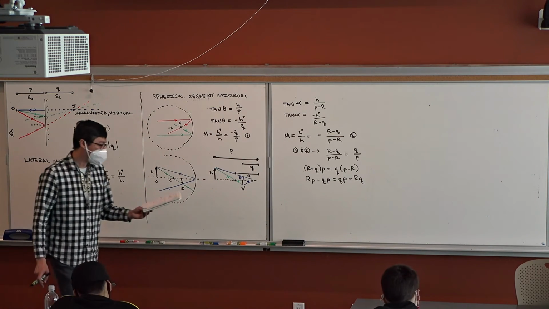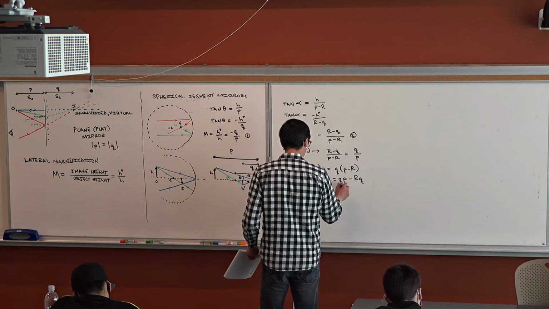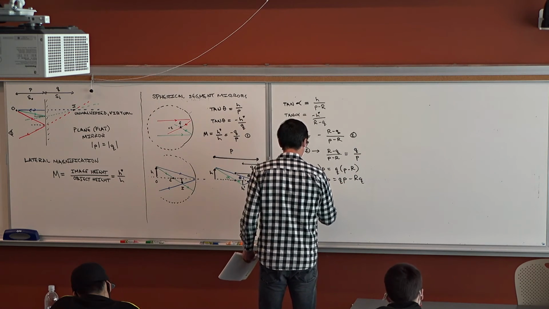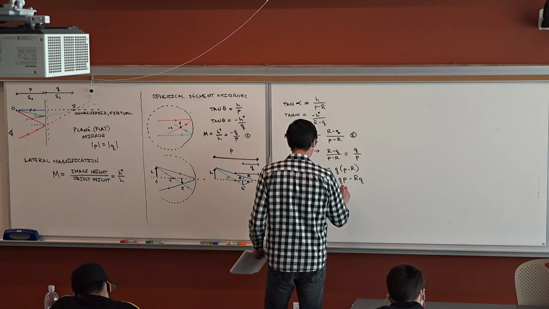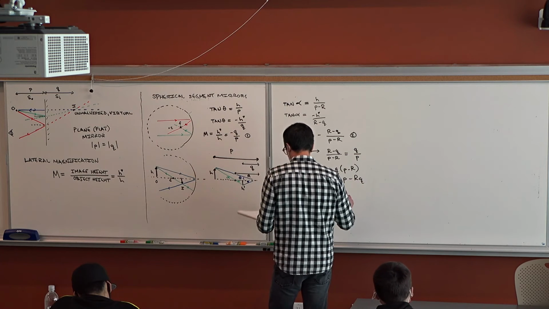I can gather terms. I gathered them such that I put 2qp is equal to rp plus rq.